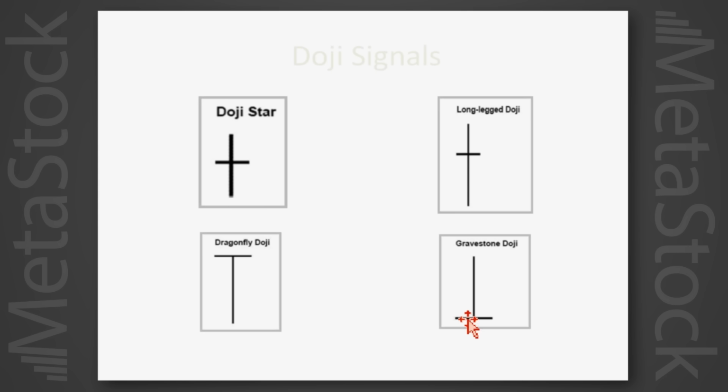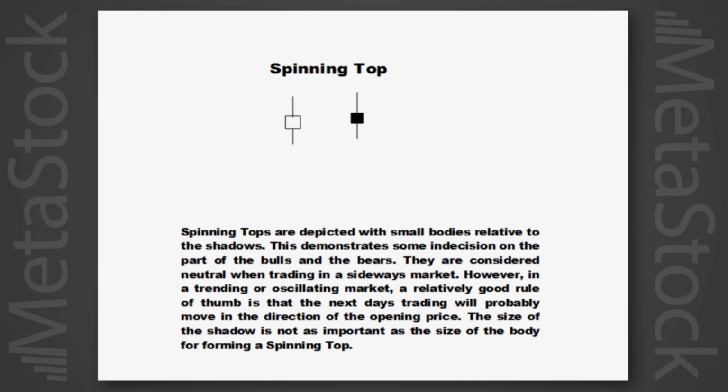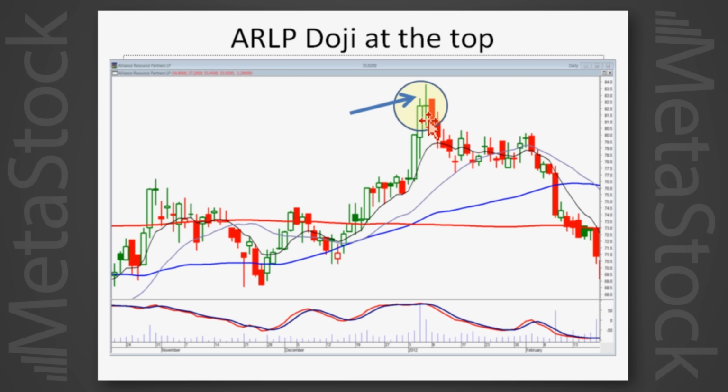By the end of the day, they're beaten back into camp, leaving their dead all over the field, thus the gravestone. Also, the spinning top, which is almost a Doji. It just has a little bit bigger body, but they still represent the same thing. They represent indecision between the bulls and the bears.